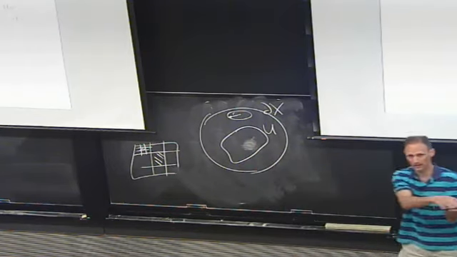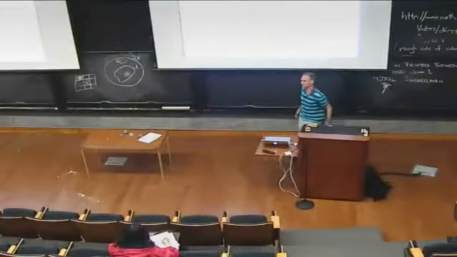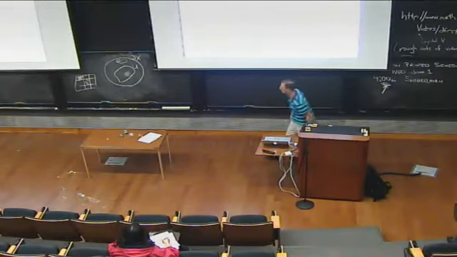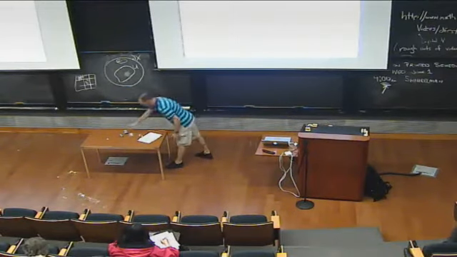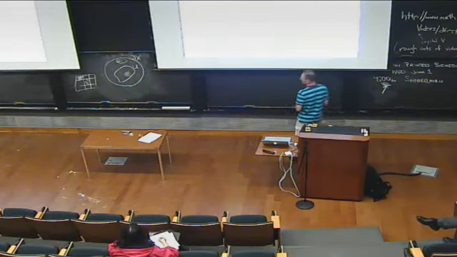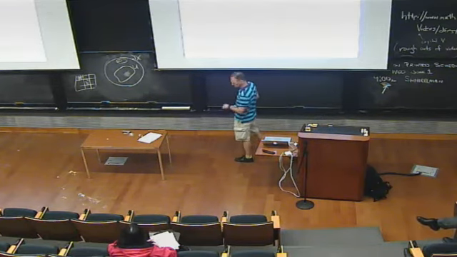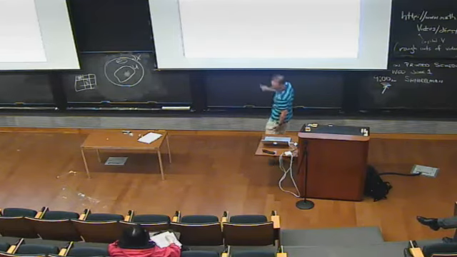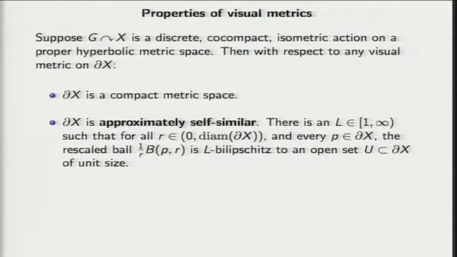So everywhere you look at any scale, the boundary looks the same as the space at the top scale. So there's the precise statement. This actually is quite easy to prove, starting from the definition of the visual boundary. But I think I'll skip going through that.